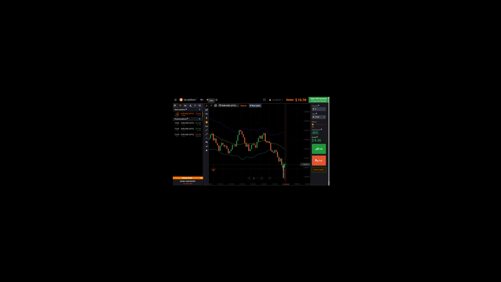So I still placed the put trade, but evidently the reversal has taken place. So now it's growing upwards. So this one I lost, but it's okay because it's a confirmation of the reversal.